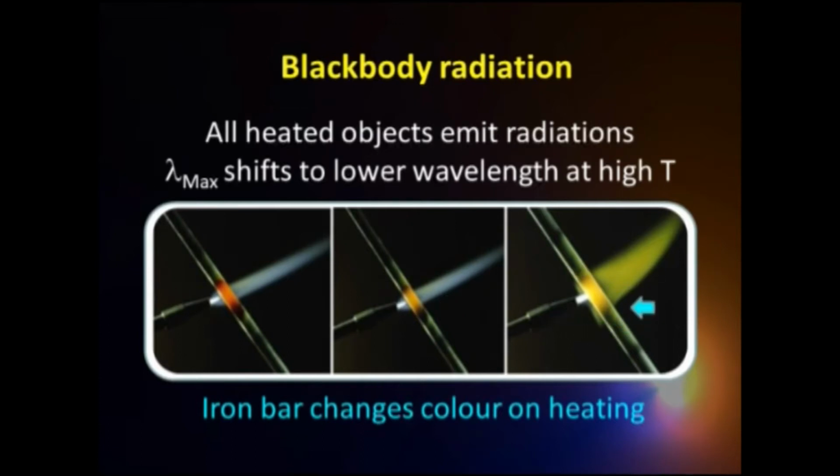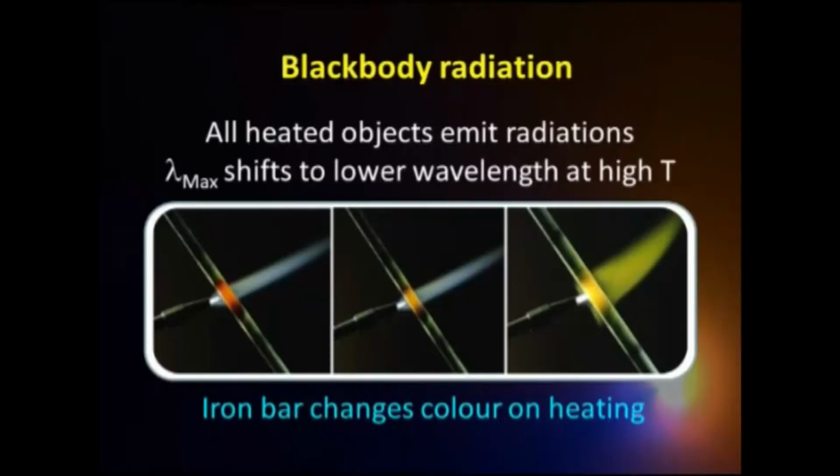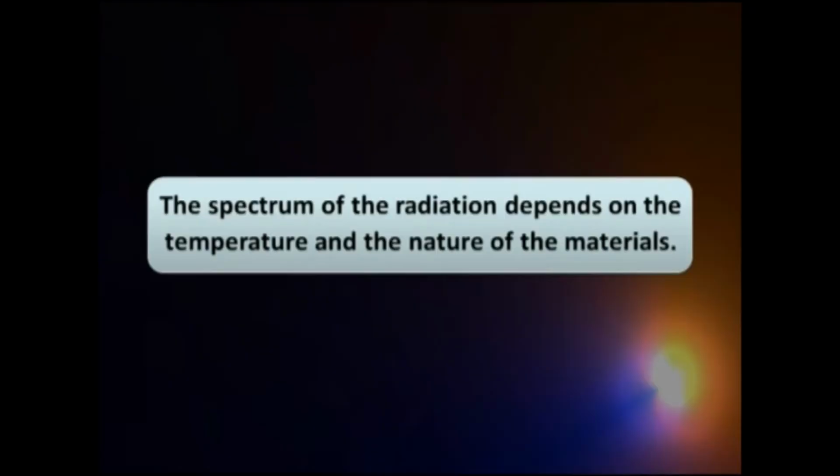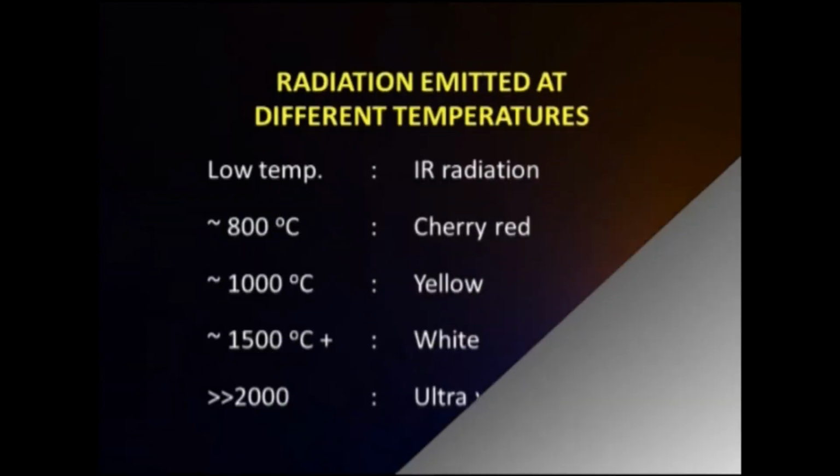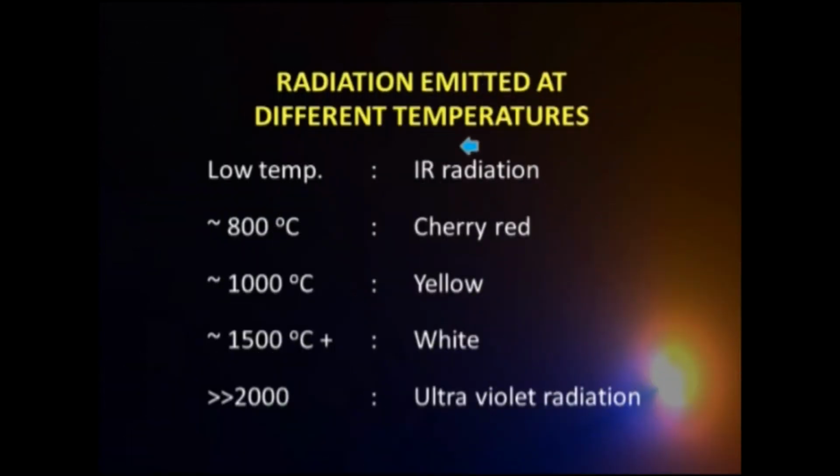It is a general phenomenon that anything which is hot is going to emit radiation, and the nature of radiation which comes from a hot object will depend on 2 things: 1, the temperature, and 2, the nature of the material being talked about.